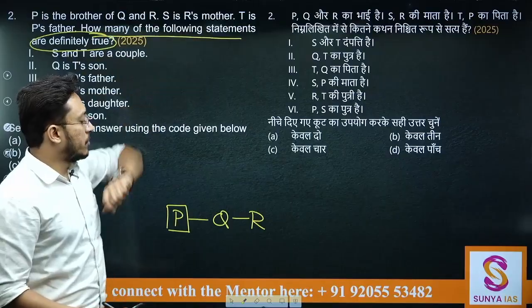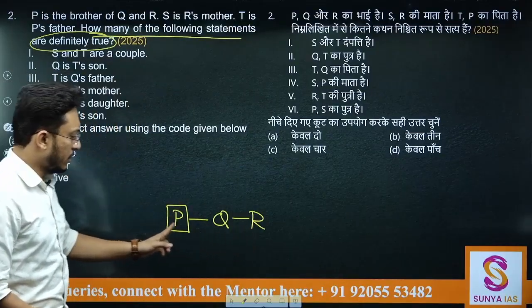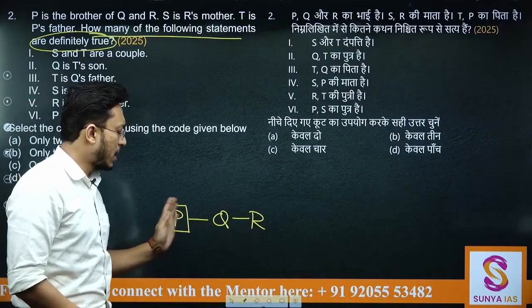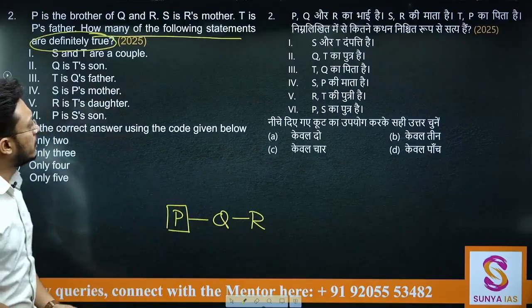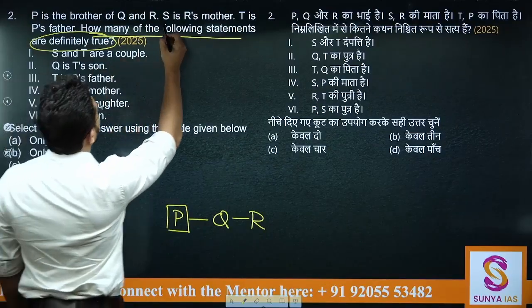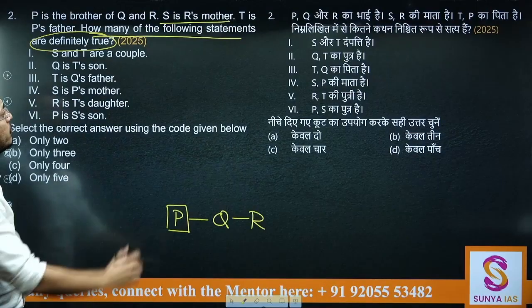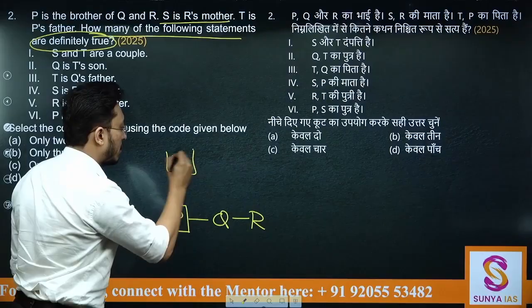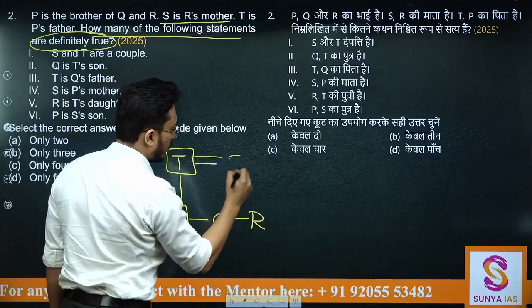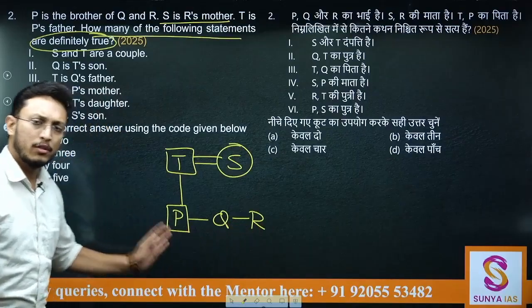S is R's mother, so R's mother is S. Now if P is the brother of Q and R, can I say all three of them would have the same parents here? S is R's mother, and T is P's father. Can I say T and S are married here, and these three are siblings here?